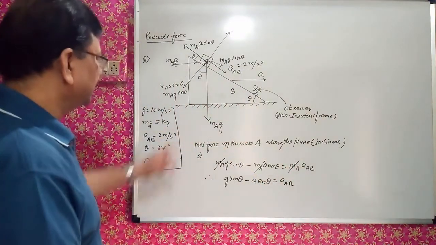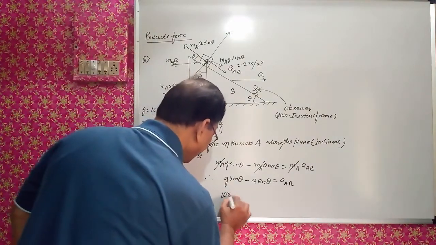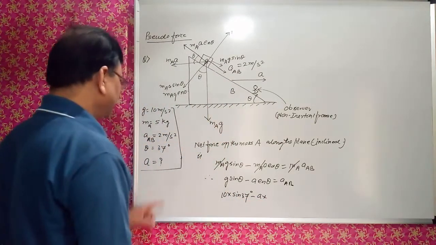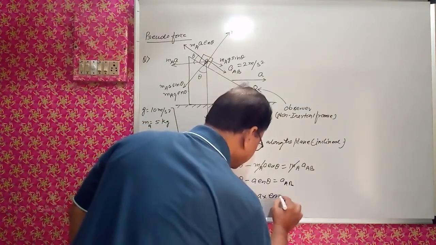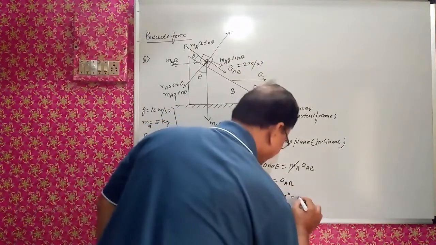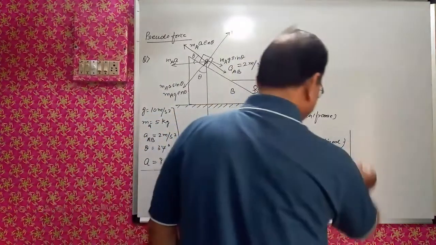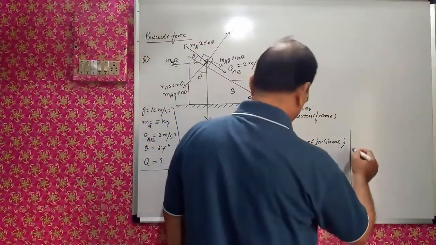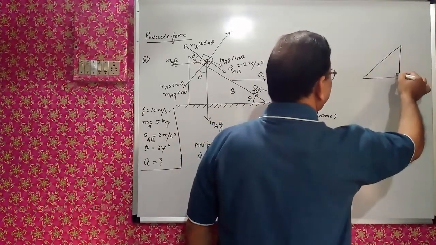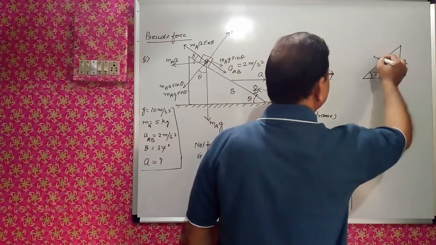Now put the values. Theta is 37 degrees. g is 10, so 10 into sin 37 degrees minus a cos 37 degrees is equal to aAB, which is given as 2 meters per second square. With the help of this we can find the acceleration. So this is 10 into sin 37. That is a standard triangle: this is 37 degrees, this is 3, this is 4, this is 5.